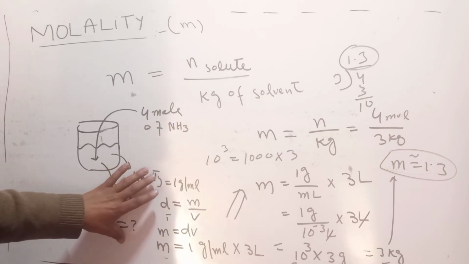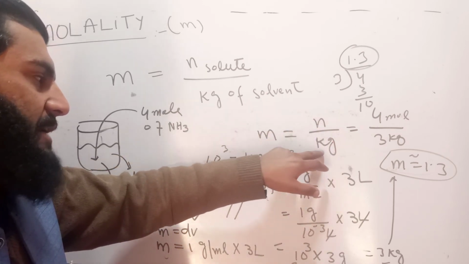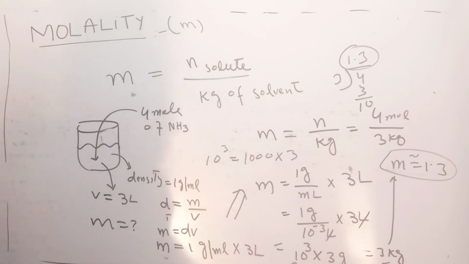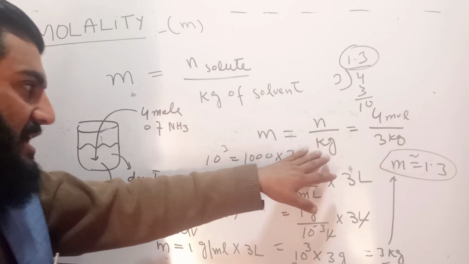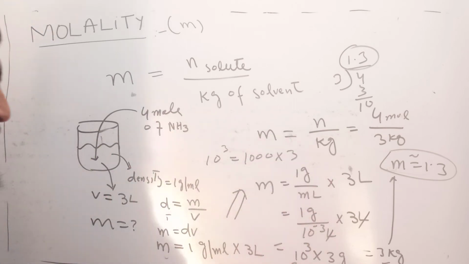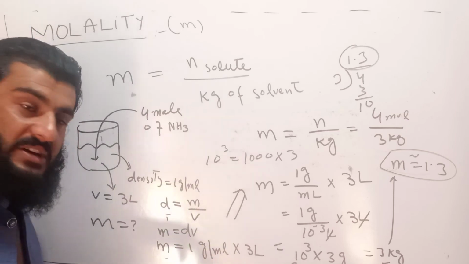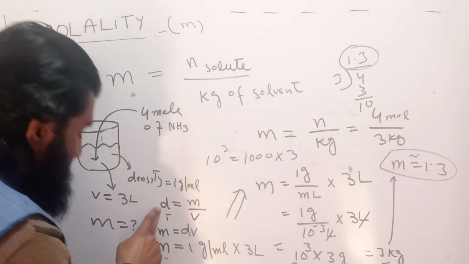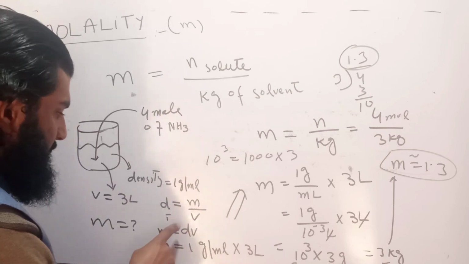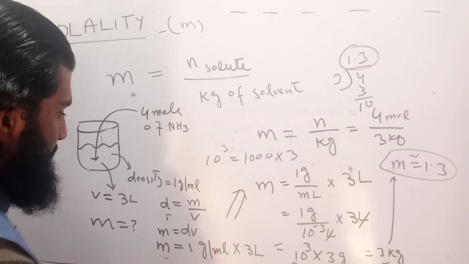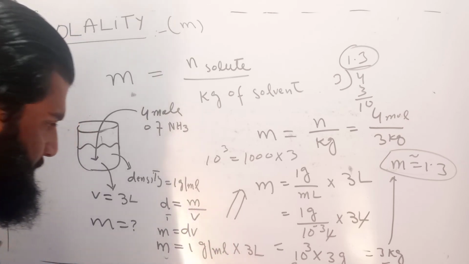So in order to find molality, we need molality equal to moles of solute divided by kilograms of solvent. In the data they have given the moles but not the mass of the solvent in kilograms. Now we want the mass of the solvent in kilograms, so we can find it by this formula: the density of the solvent is equal to the mass of the solvent divided by the volume of the solvent. So we rearrange and put the values: 1 gram per ml multiplied by 3 liters.